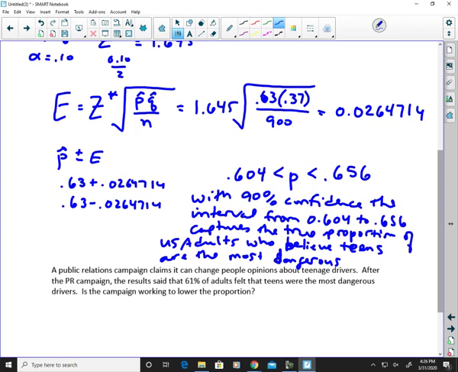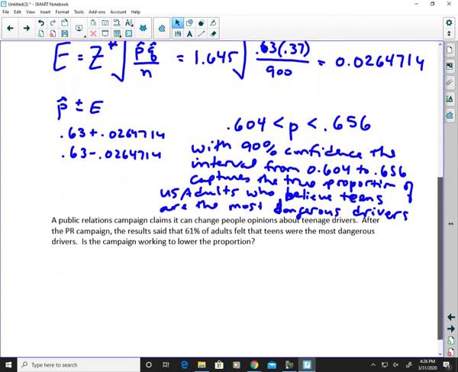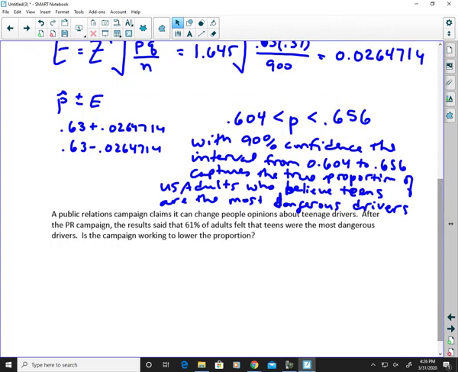Dangerous drivers. But that's not good for you guys. You guys are teens, so you don't want that to be true. So I have hired this public relations campaign. I am paying them big bucks, people, to change the minds of adults about teenage drivers. I have had it with them thinking you guys are hell on wheels. We are going to fix that.